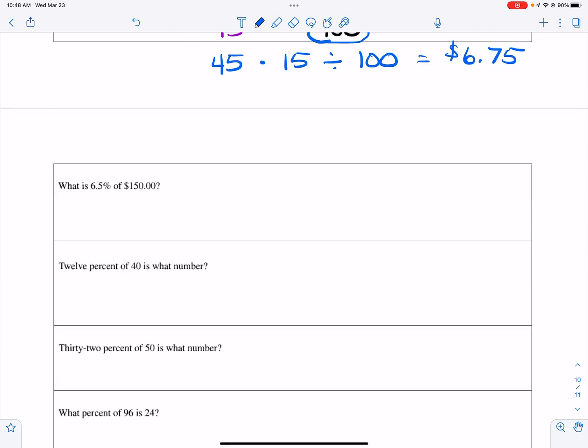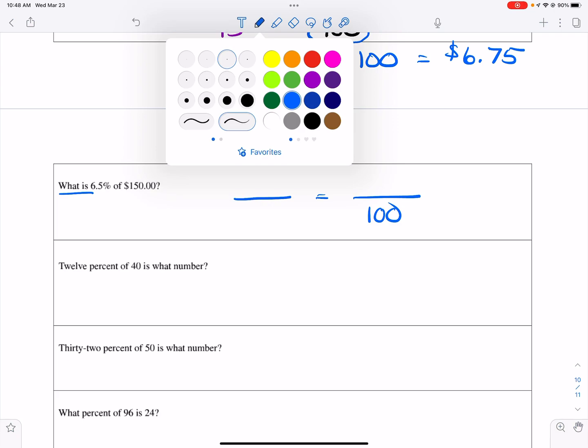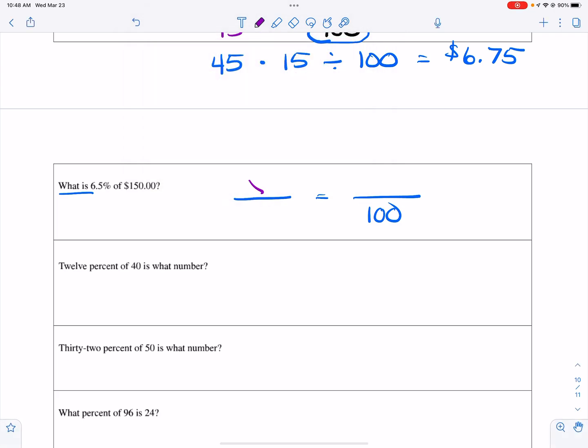All right, so this one, what is, we start blank equals blank over 100. What is, that's my X. 6.5, the percent sign just simply gets dropped. I'm not changing anything about the number. I'm simply dropping the percent sign, of 150.